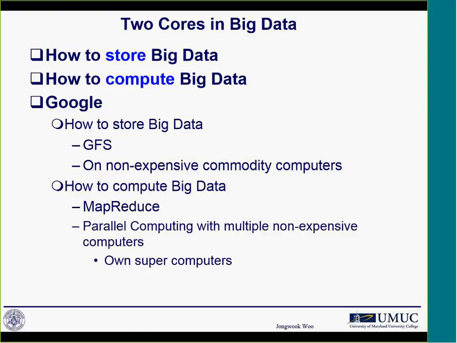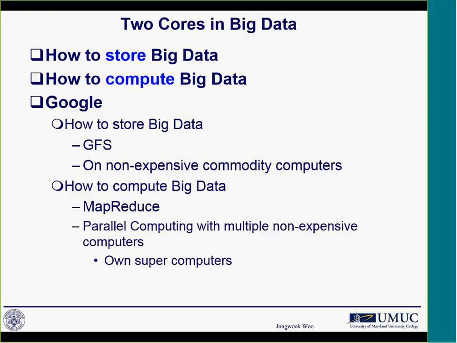So anyhow, Google has their own file system to store this massive data set they collect from the web for indexing. Also, Google has their own system to process this large-scale data set by using the MapReduce approach. That is a famous approach in the artificial intelligence area to handle data, especially massive data.